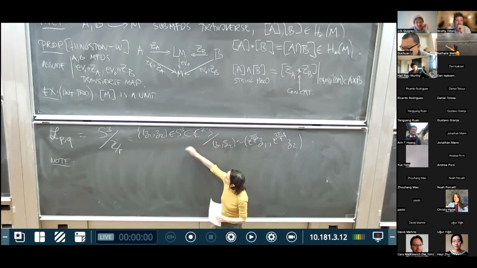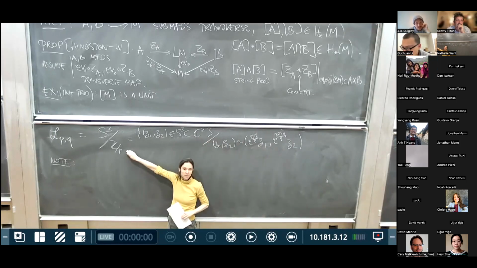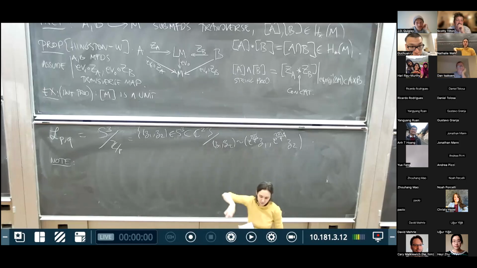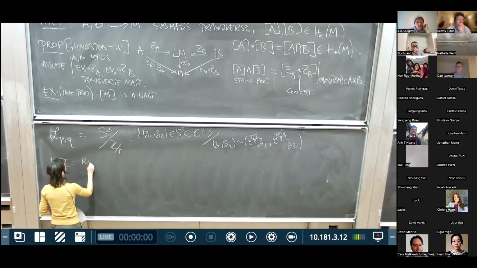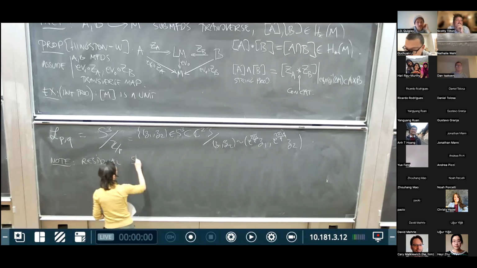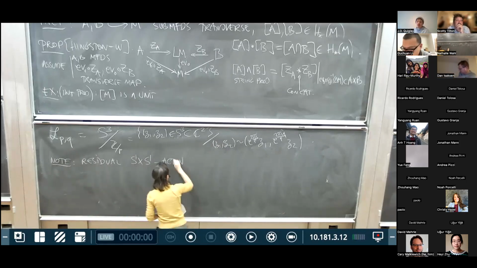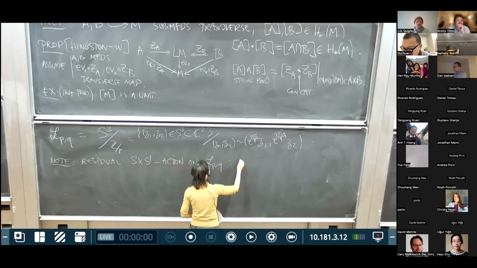And in that torus, we picked a Z/P subgroup. But that's very little compared to the whole torus. So when I pick the Z/P subgroup, I still have a whole torus action because the torus mod Z/P is still a torus. So there is a residual S^1 cross S^1 action on L(P,Q).